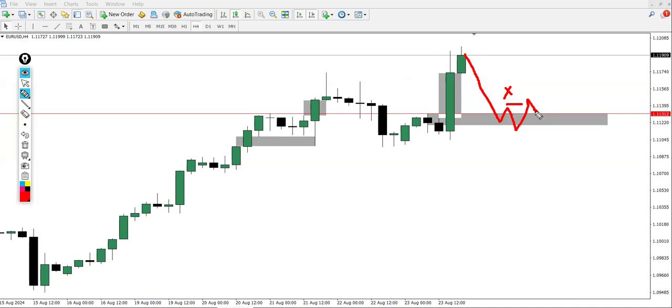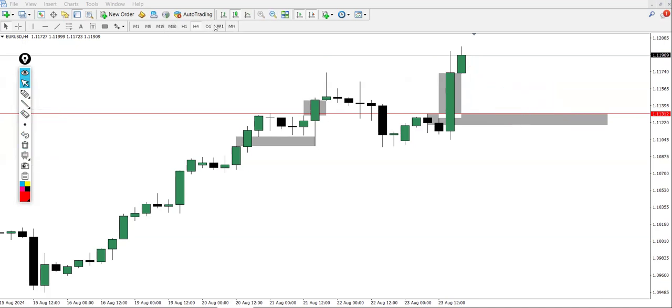It could be a breaker like that, it could be OTE a little bit lower here, it could be a bullish order block in here as well. It doesn't matter, but what matters is I think our draw on liquidity is going to be bullish.